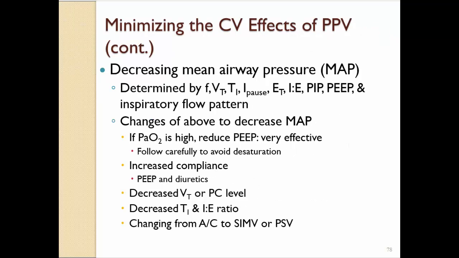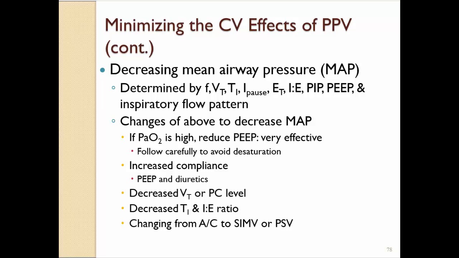So how do we decrease the mean airway pressure? Well, the mean airway pressure is affected by the respiratory rate, the tidal volume, the inspiratory time, if there's any pause time, expiratory time, the I:E ratio, the peak inspiratory pressure, the PEEP, and the inspiratory flow pattern. In other words, pretty much by everything, right?